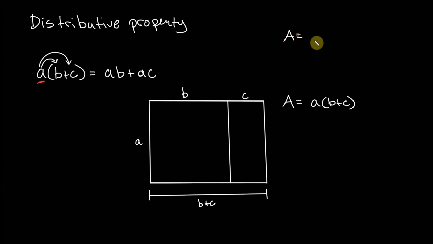Area A equals length times width, so in this case A times B plus C.